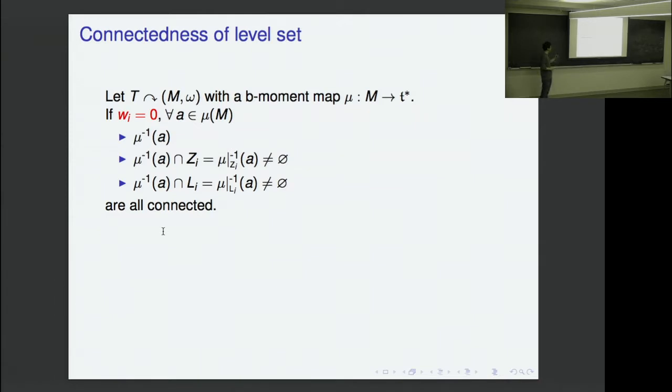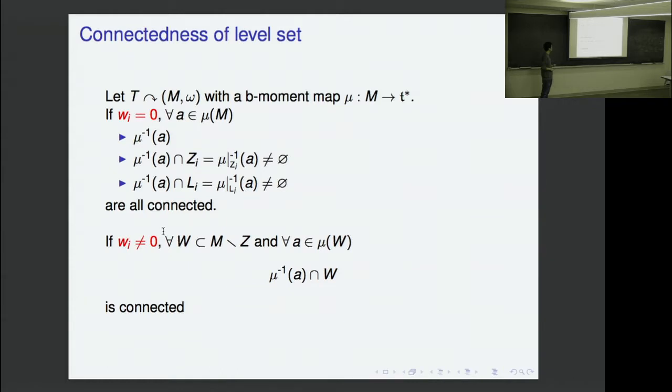So this is as we saw in the symplectic manifold case, the connectedness is equivalent to the convexity of the moment image, and this will be the case when the modular weights are 0.